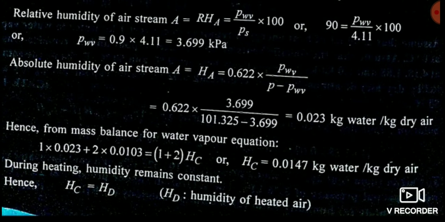Friends, here you see in the question that the mixture is heated to 60 degree, meaning from 30 degree to 60 degree. So friends, I will give you one concept here, very useful.